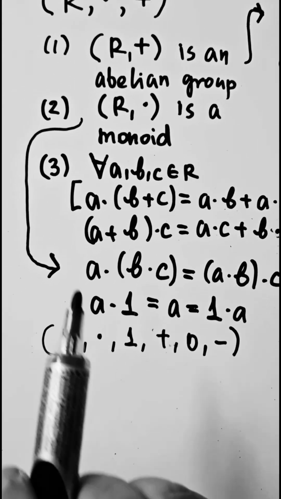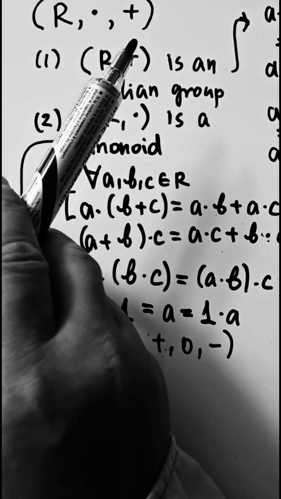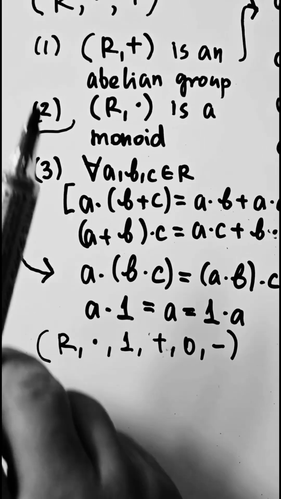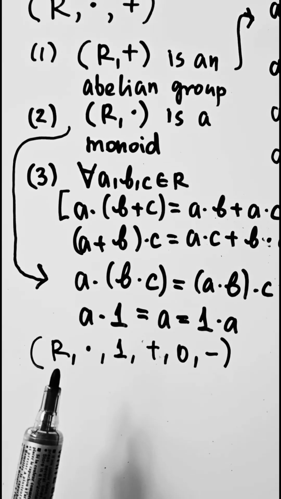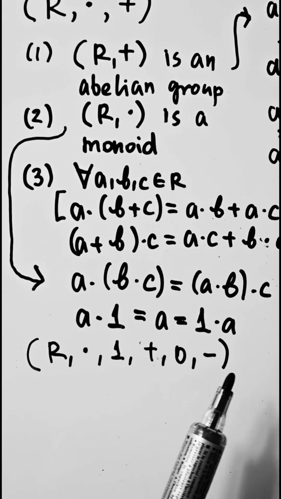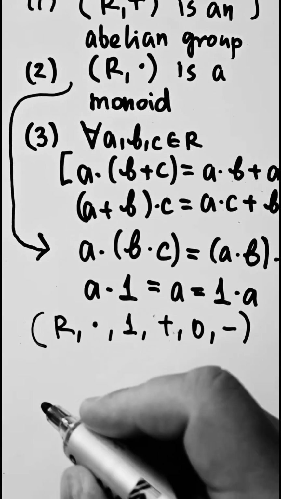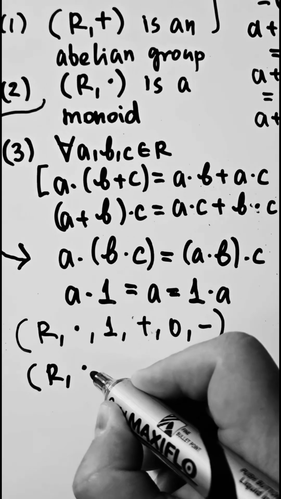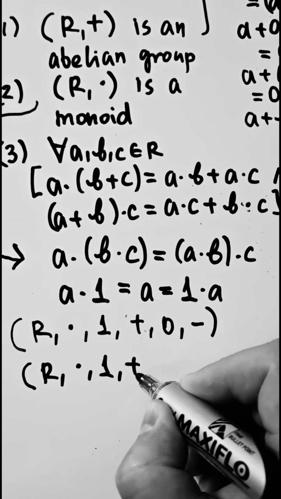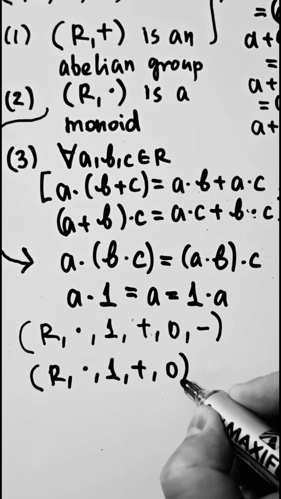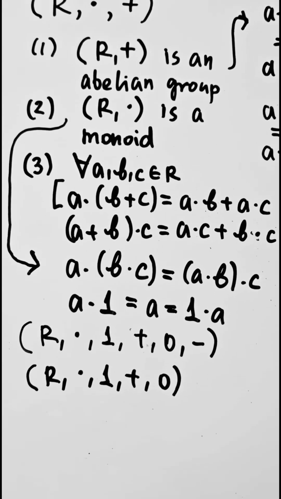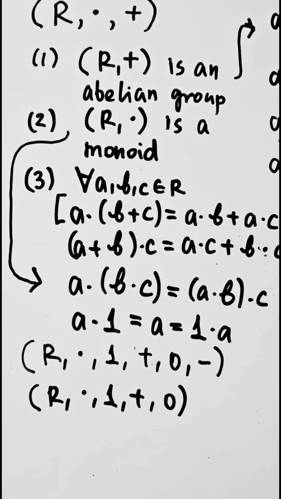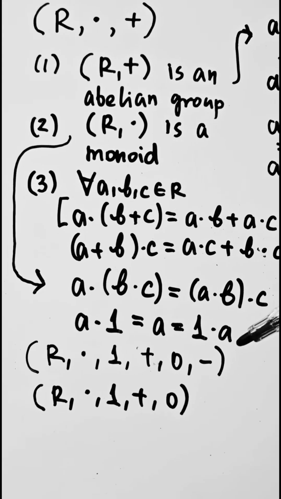So some mathematicians would prefer to represent a ring not as a triple, but as a sextuple of this form. Others might drop the minus and just point out the binary operations with the special elements. These are different styles of representing a ring.